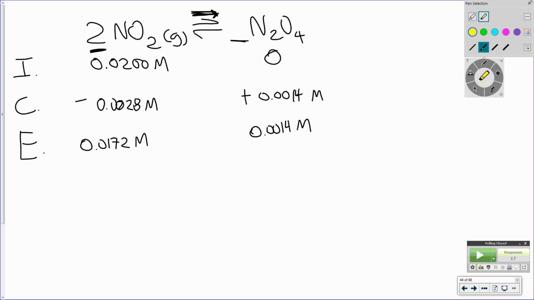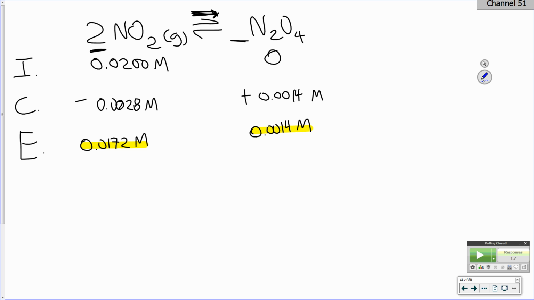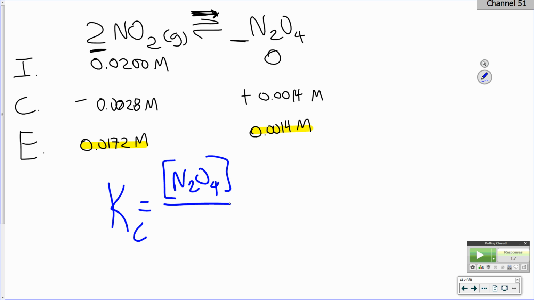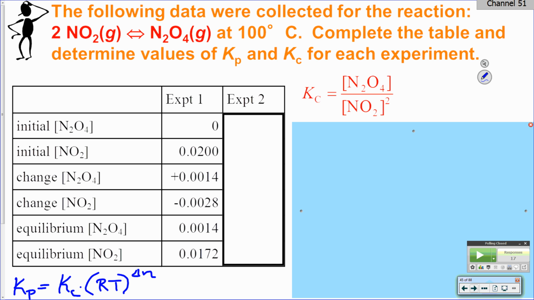It's a simple matter of plugging those into the expression for K sub C. K sub C is products over reactants. So it would simply be the concentration of the N2O4 divided by the concentration of NO2. You have to remember to square it because of the 2 here. So I can plug the numbers in and find out what that value is.